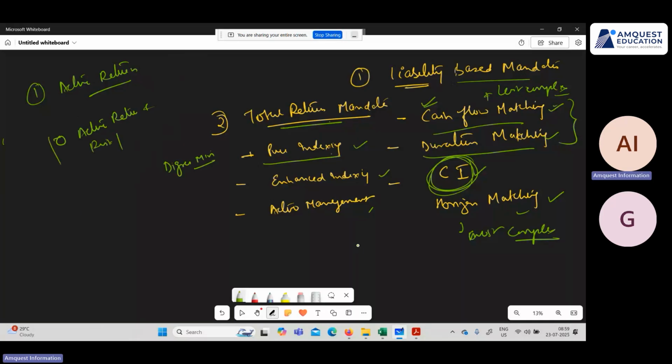Now you might ask me, Ankur, if we only want pure indexing, why do it at all? If I'm looking at zero active return and risk, what exactly am I doing? But think about this: can you invest in the Nifty 50? You can buy the index, or you can invest via derivatives.